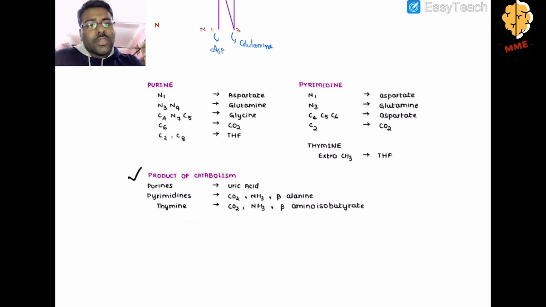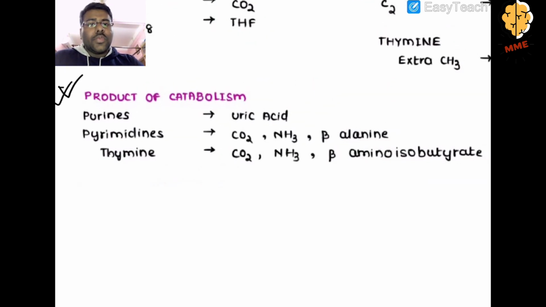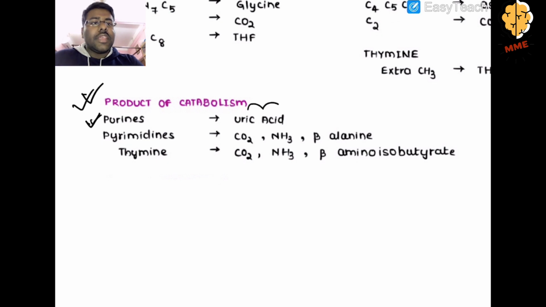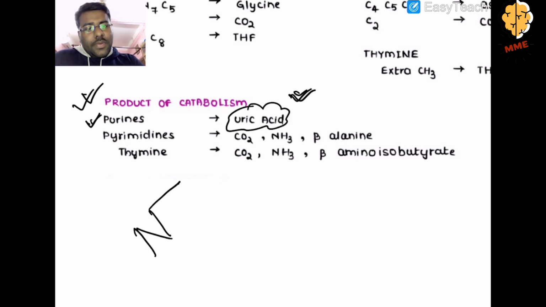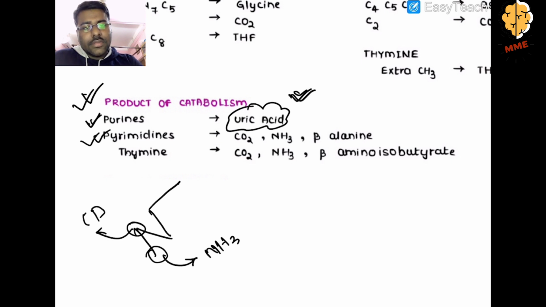Coming to the products of the catabolism. In case of products of the catabolism, the purine gives us the uric acid product, and in case of pyrimidines, they give us NH3, they give us carbon dioxide, and 1, 2, 3, 4, they give us beta alanine.